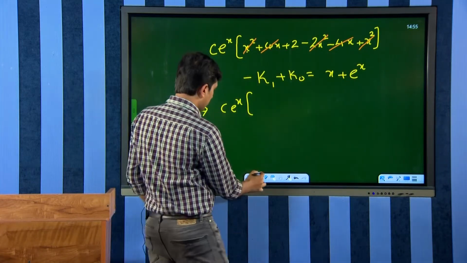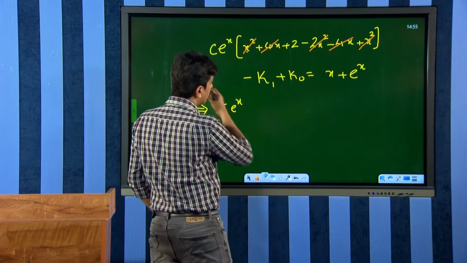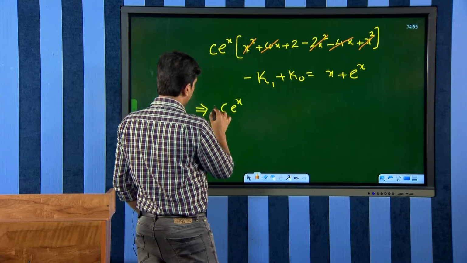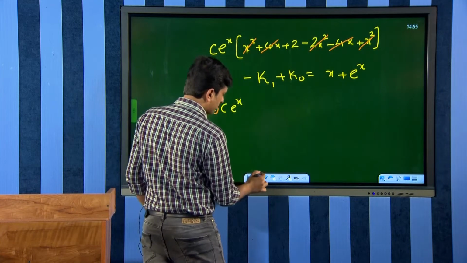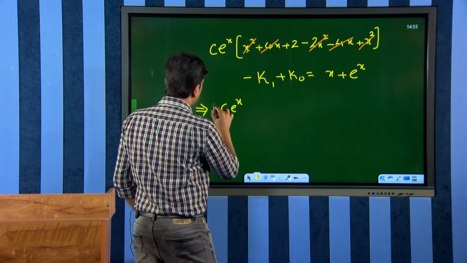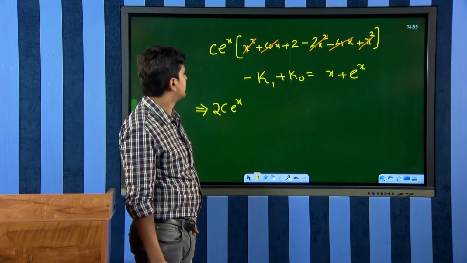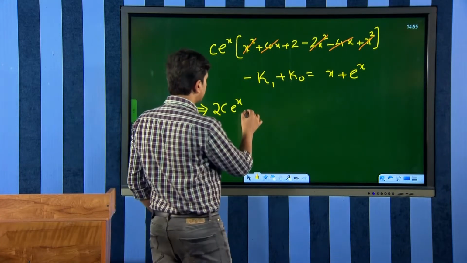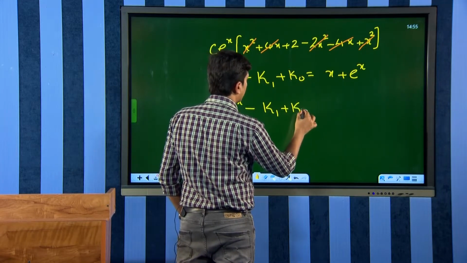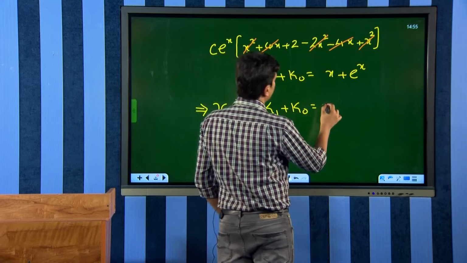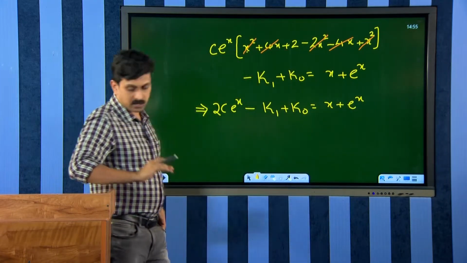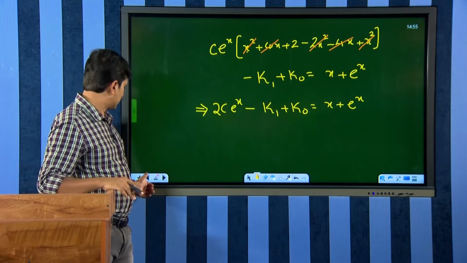And finally, there remains only the value plus 2, therefore 2c e raised to x minus k1 plus k naught is equal to x plus e raised to x is here.